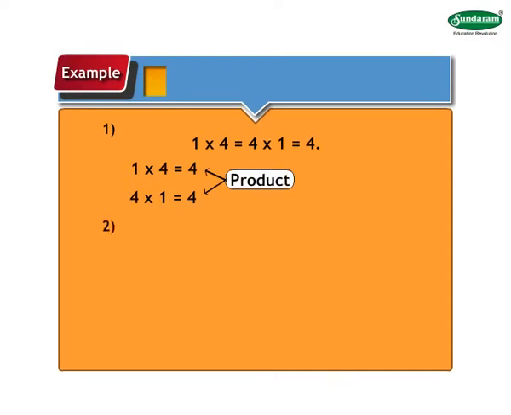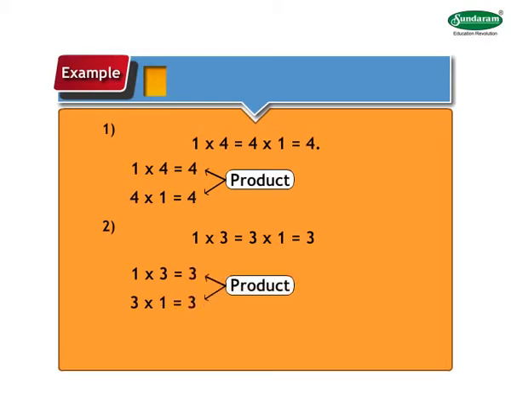Let's take another example. 1 into 3 is equal to 3 into 1, which is equal to 3. In this example, we can see that when 1 is multiplied by 3 or 3 is multiplied by 1, we get the product as the same number 3. Thus, to conclude, we can understand that the product of any number and 1 is the number itself.